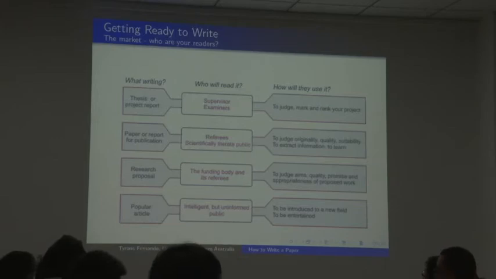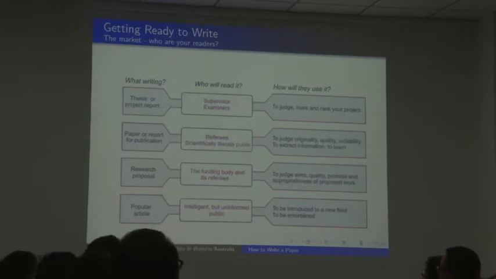Now, if it's a research proposal, then who will read it? The funding body and its referees. How will they use it? To judge the aims, quality, what you promise, and appropriateness of the work, and the relevance.